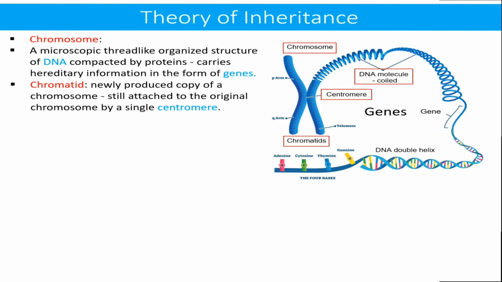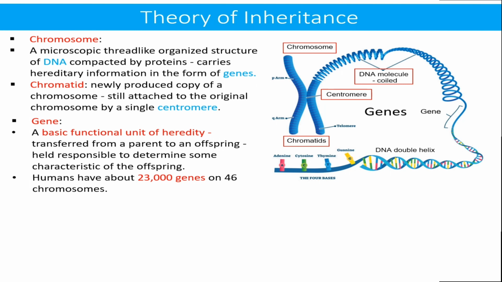And the chromatid is a newly produced copy of a chromosome still attached to the original chromosome by a single centromere. Gene, a basic functional unit of heredity, is transferred from parent to offspring and is held responsible to determine some characteristics of the offspring.